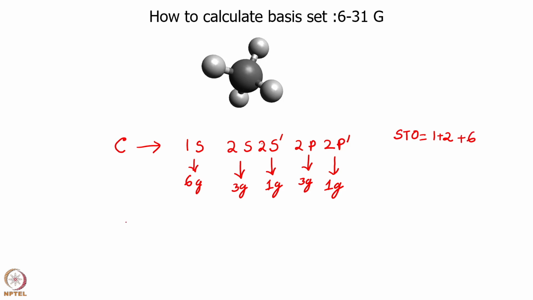Okay, let me calculate the Gaussians also. 6 Gaussians from the core, 3 Gaussians from 2s, and for 2s dash there is 1 Gaussian. The first one will be total 9 Gaussians, 3 times 3, and the third one will be 3 Gaussians due to 3 p orbitals. So, it is 6, 3, 1, 9, 3, it is 22.